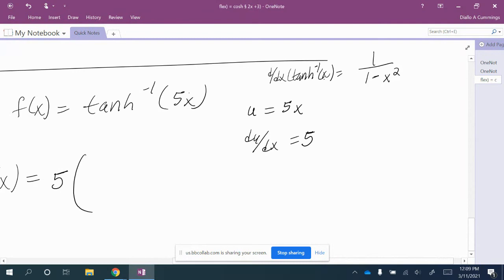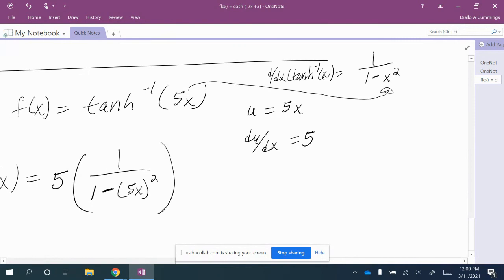And in my formula, I'm going to substitute u for x, so I have 1 divided by 1 minus u squared, where u is 5x.